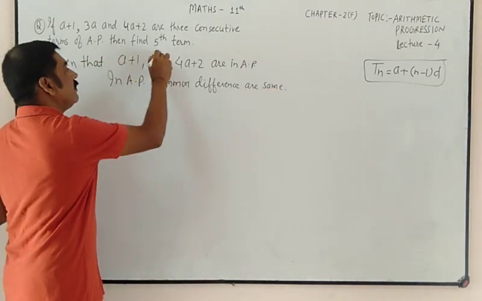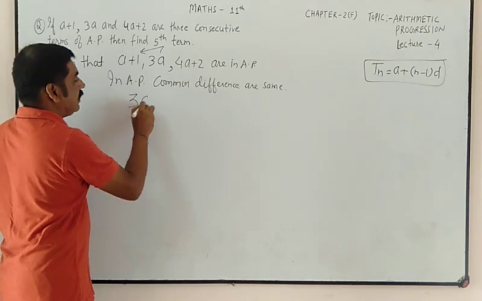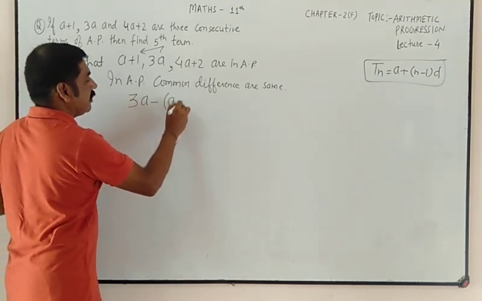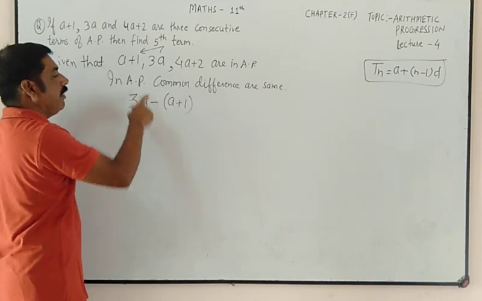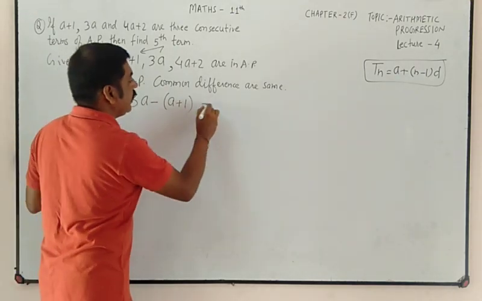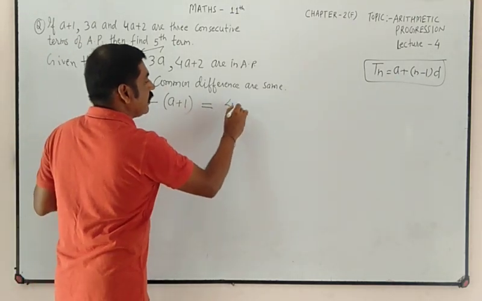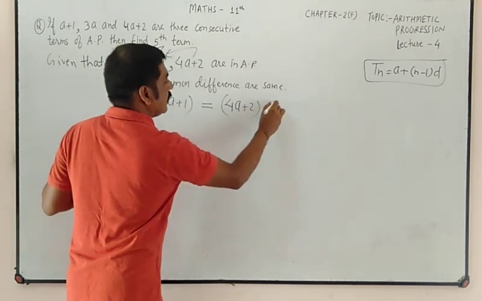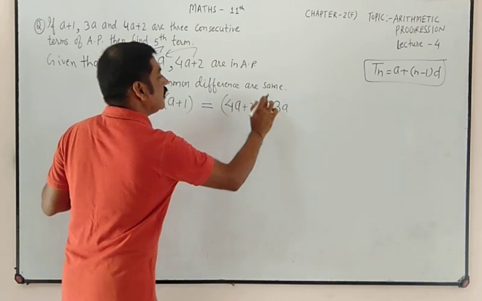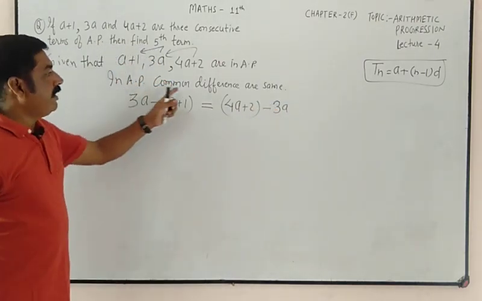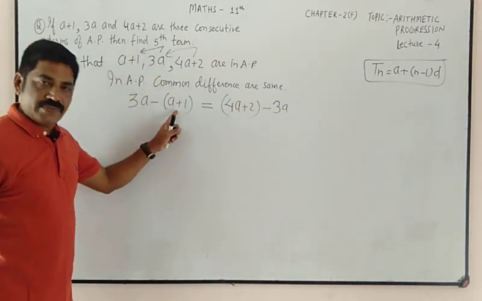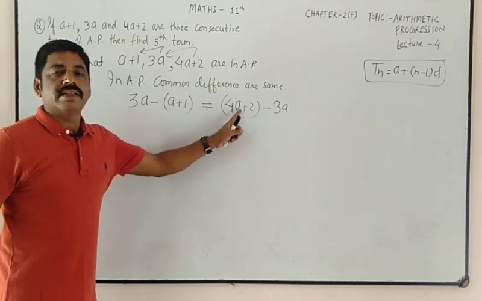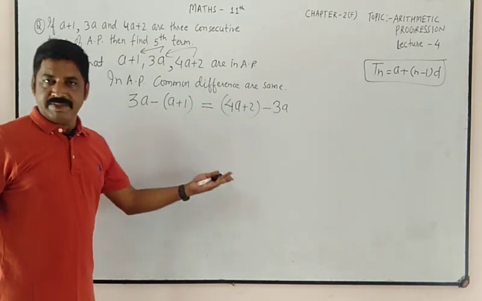So common difference means second term minus first term. Second term minus first term is equal to third term minus second term. Right? Common difference are same.